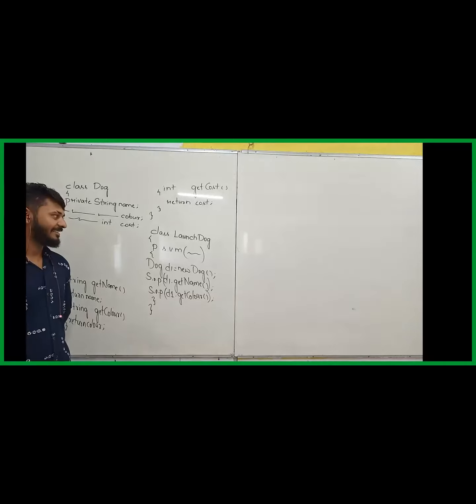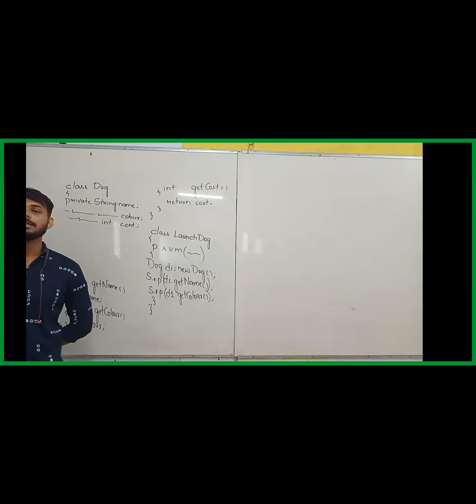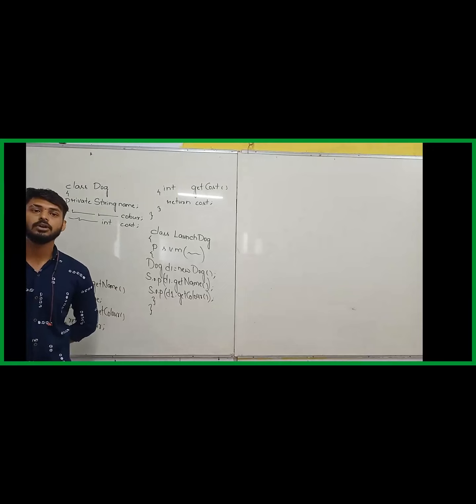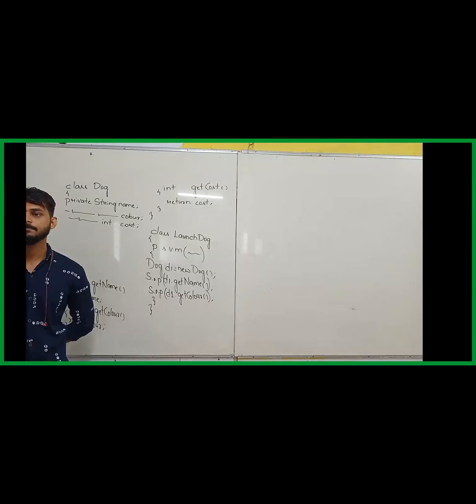The duty of the class loader is to scan the entire code segment to check if there is any static element. If it is there, then it will take a copy of it and load it onto the static segment. Next, it will hand over the control back to JVM and JVM will start executing static variable, static block, and then static method.